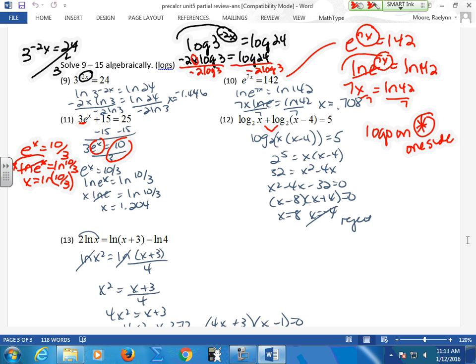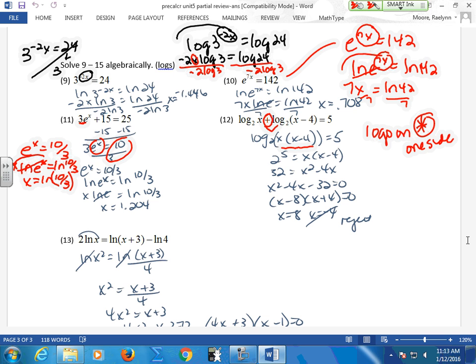equation. So using your rules, what was I doing when I added my exponents? When I added my exponents, what property was I doing? Multiplying. So I'm going to turn this guy into a product, right? Now I have this.